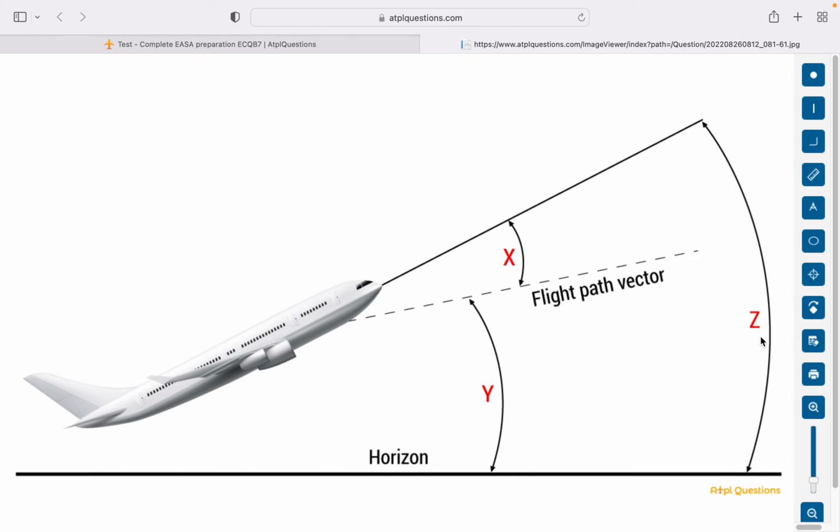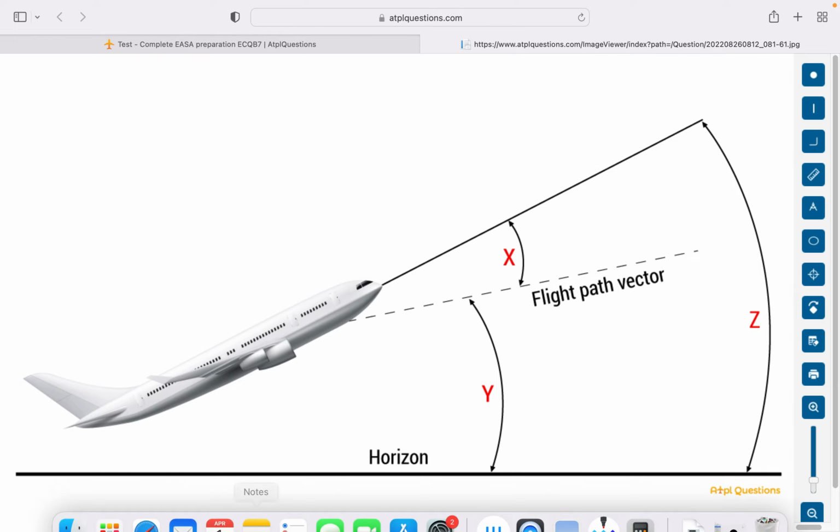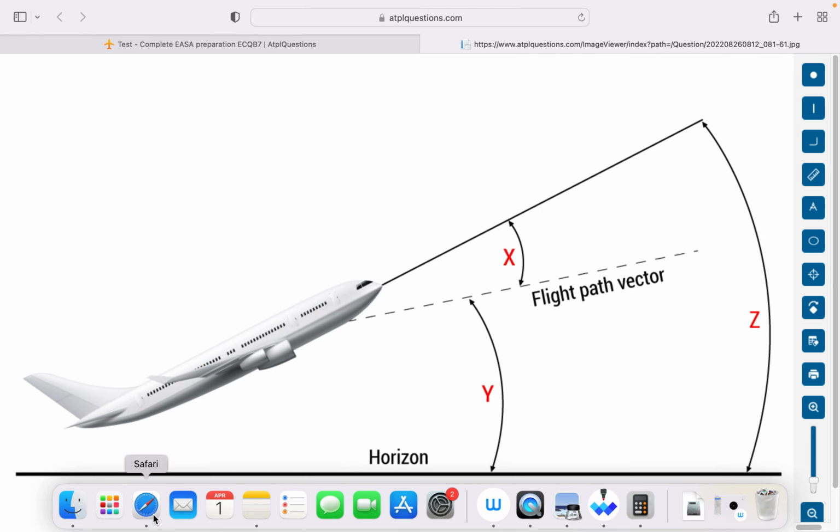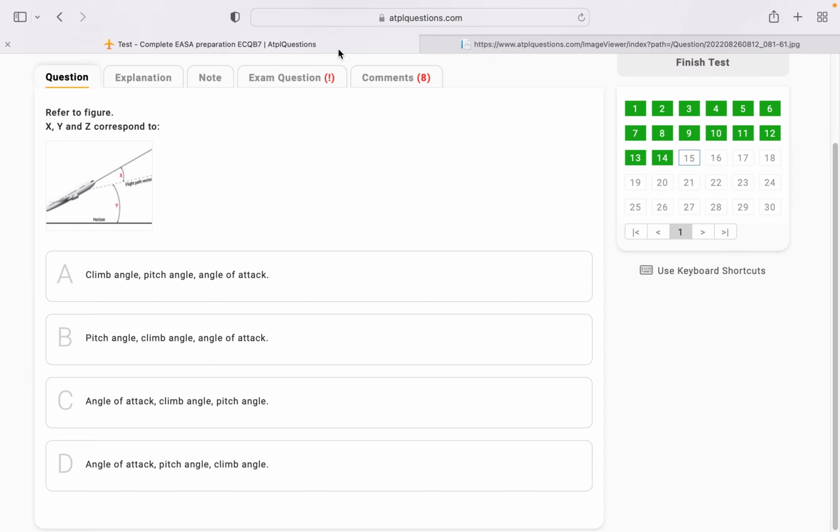So we're looking for angle Z. Is the pitch angle. So, and Z must be last.